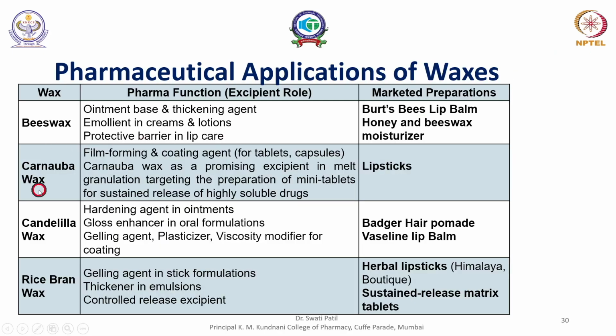So these are the pharmaceutical uses: ointment base, thickening agent, emollient, protective. Carnauba wax is excellent in film forming. Candelilla is good as a hardening agent in ointments. And these are some of the marketed preparations which are available and which have used beeswax, carnauba wax, candelilla wax and rice bran wax.